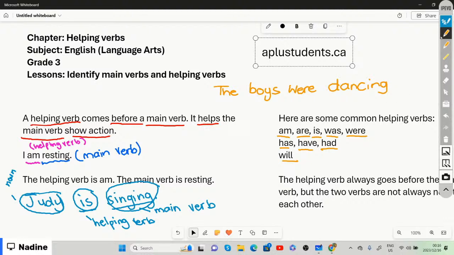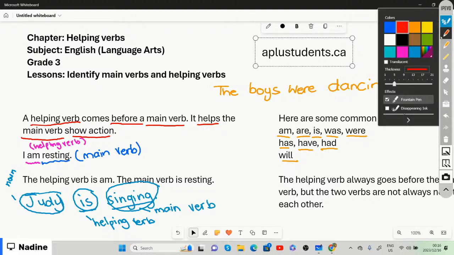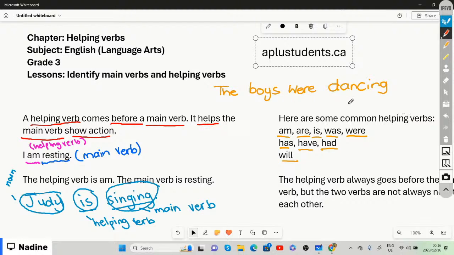So remember the action, the doing word. If you were to identify the action or the doing word that the boys were doing, then we can say dancing is our action, or our main verb, right? So dancing is the main verb, it's the main action that is taking place.